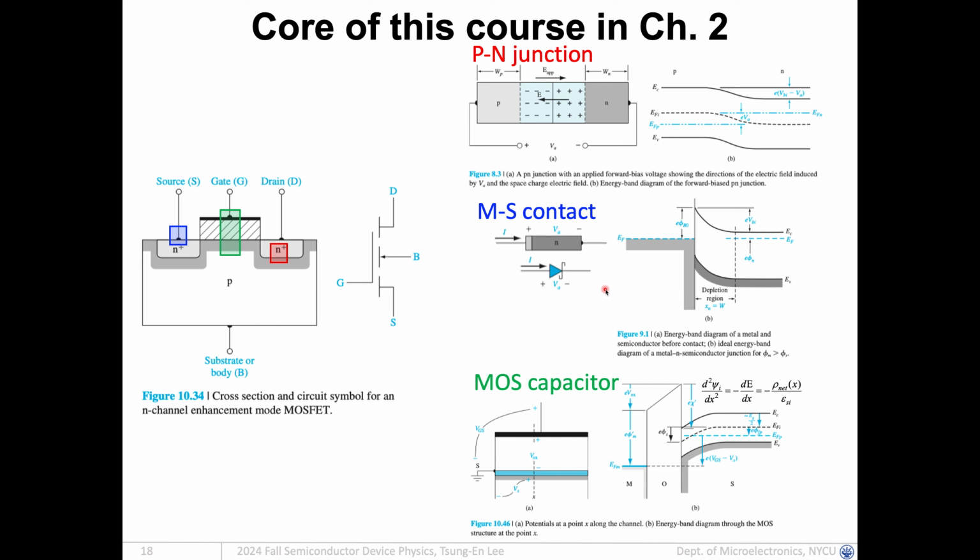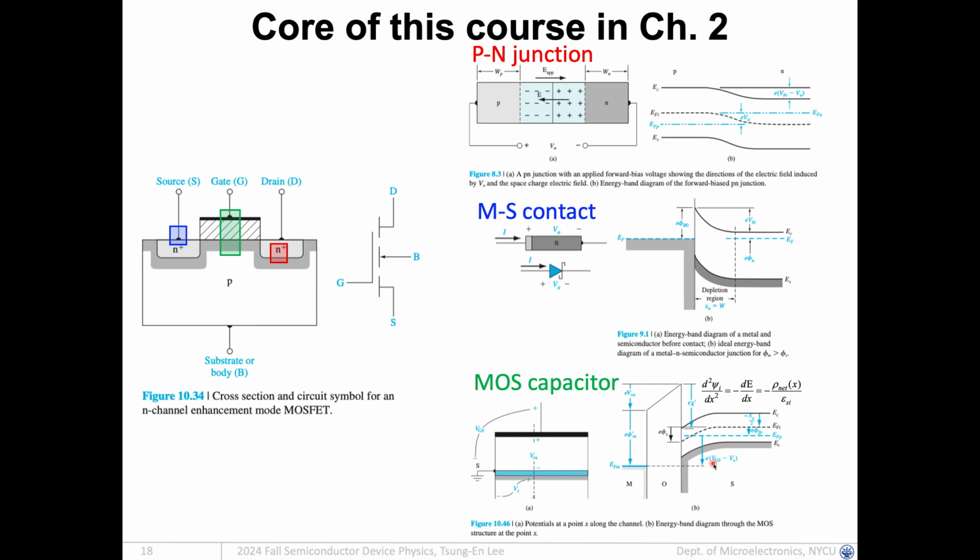And the third part is the gate of this MOSFET, which is mainly determined by the behavior of the MOS capacitor, metal oxide semiconductor. In the band diagram, you can see that when we apply a bias, there are many regions of the semiconductor from accumulation, flat band, depletion, to threshold voltage.